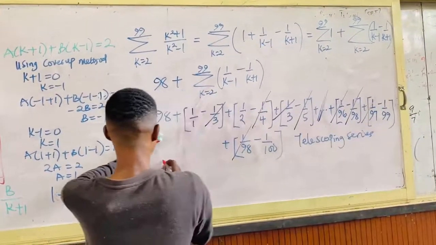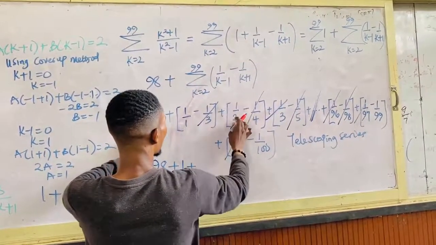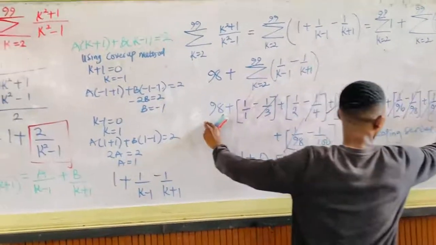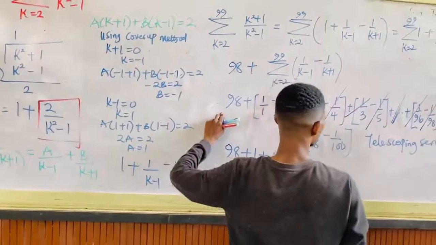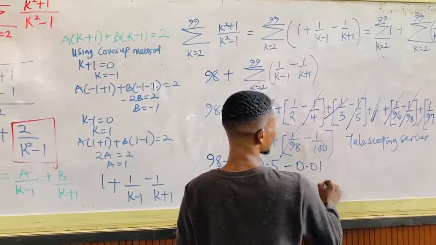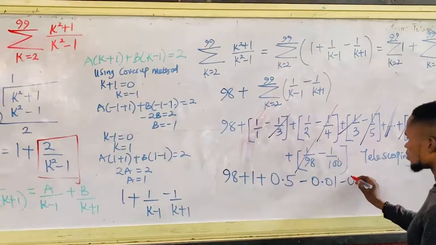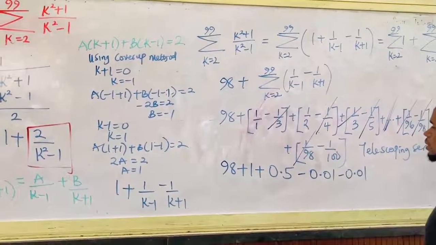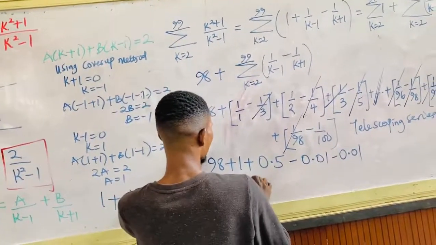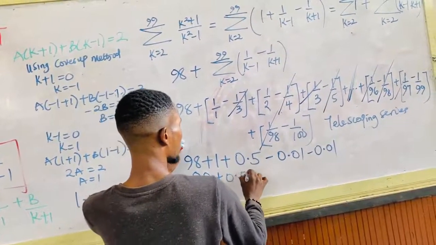So that's 98 plus 1 plus 0.5. And this is minus 1 over 99, which is minus 0.01. And this is also minus 0.01. So that's 98 plus 1, which is 99, plus 0.5 minus 0.02.